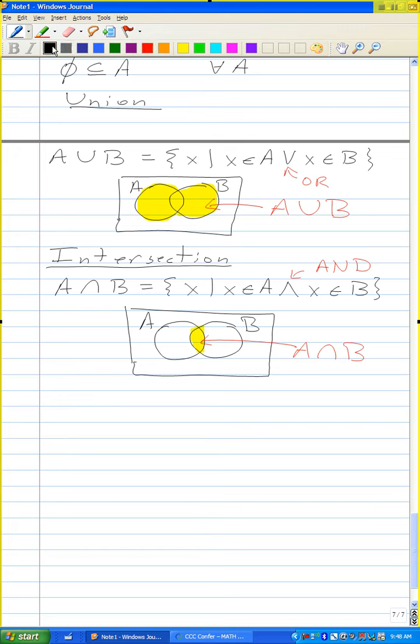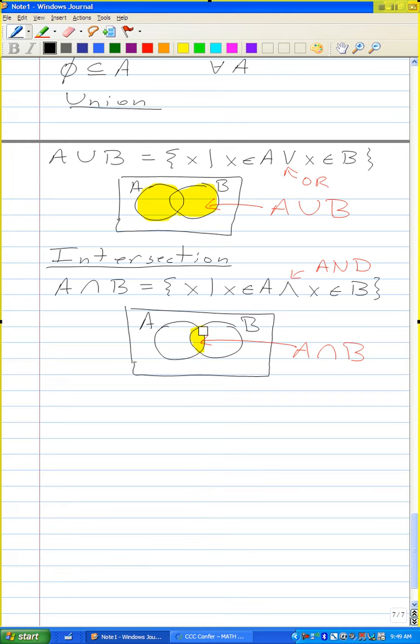And so the union is found by just combining these two sets into one larger set containing the members of each of these two sets, whereas the intersection is the overlap between these two sets. So what members are in common?